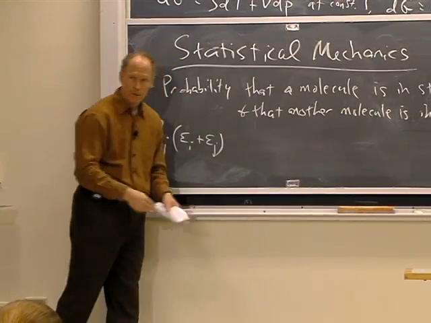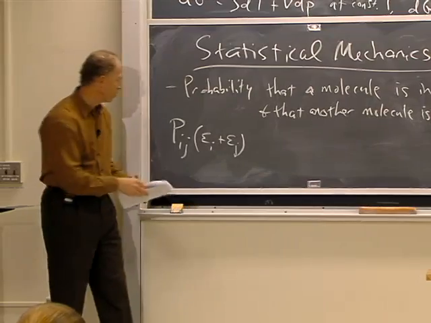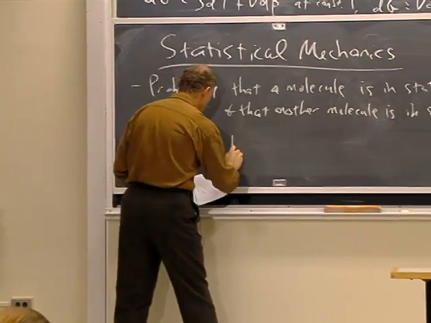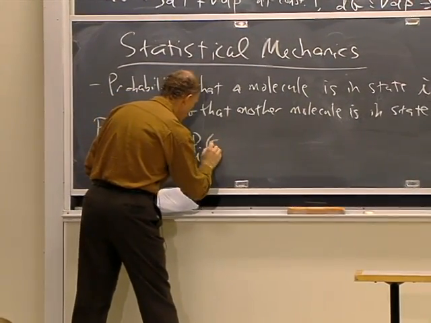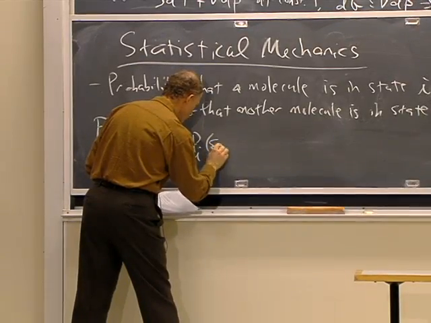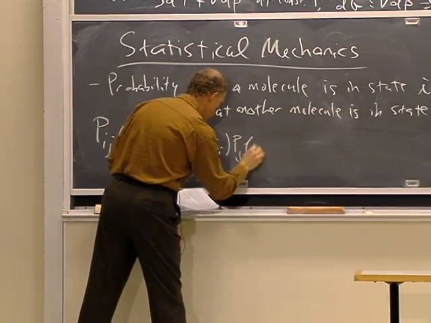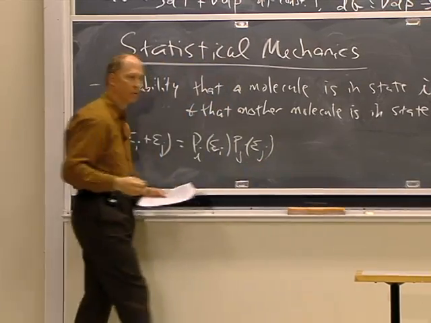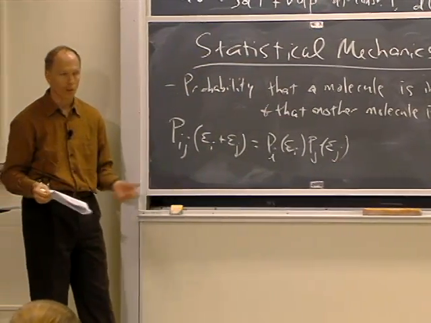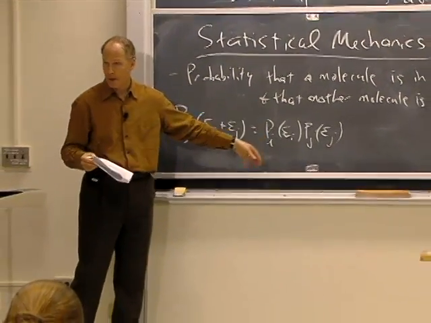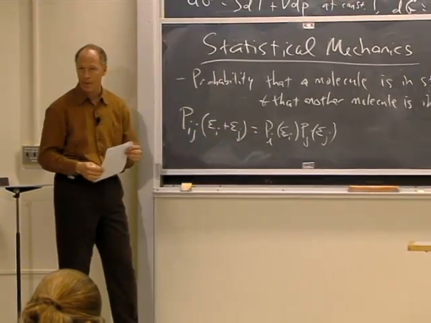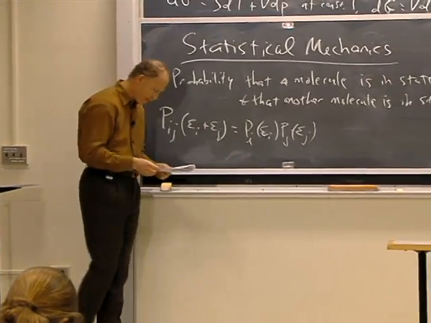Now, since the molecules are completely independent, this should just be the product of the separate probabilities. Right? Two completely independent events, or things whose probability we want to determine together.